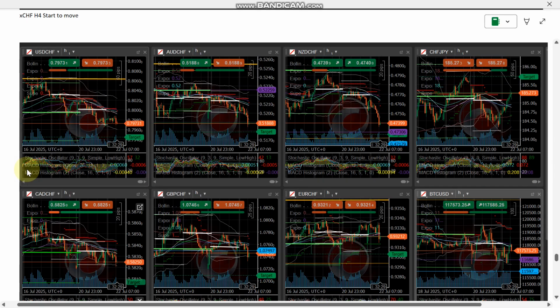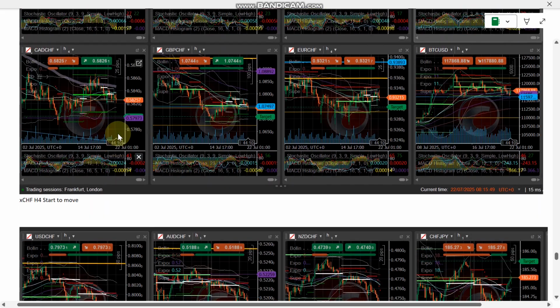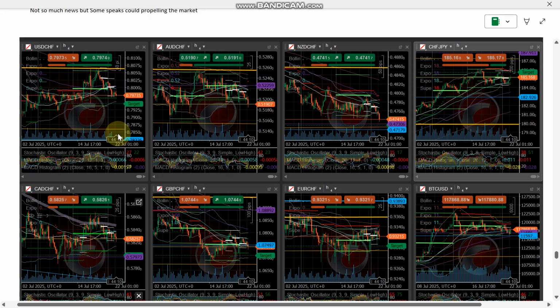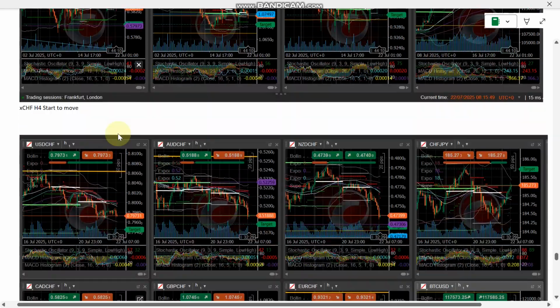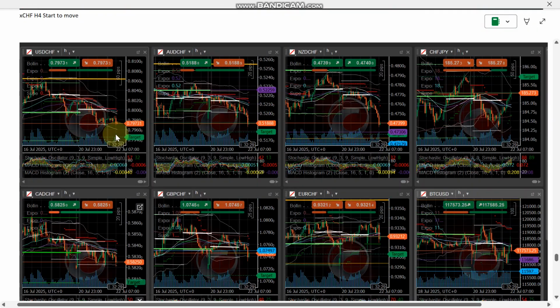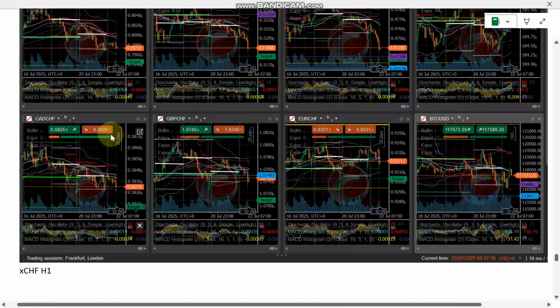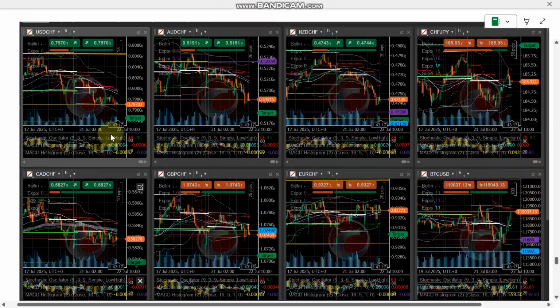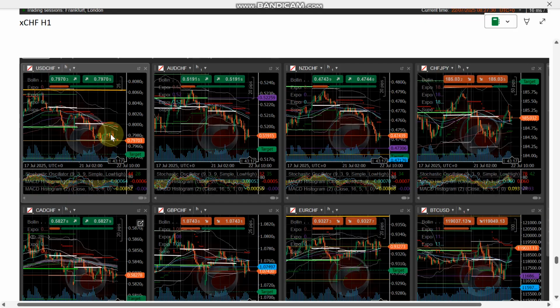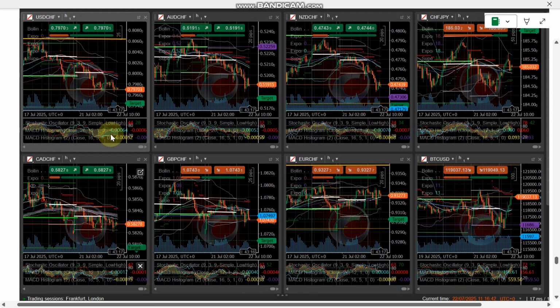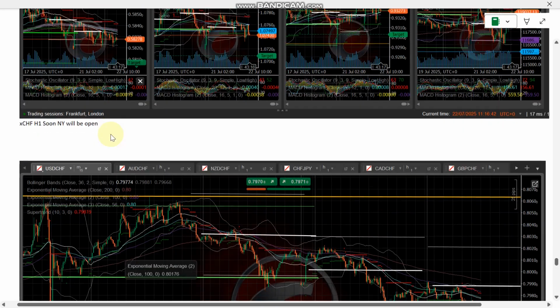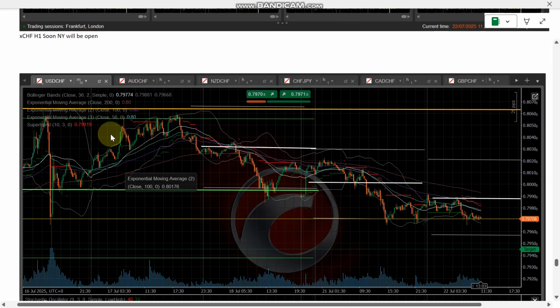We go down to 1 hour chart for Swiss franc. It's like a waterfall in 1 hour chart. What is drop? The line had to put in. To see in a single shot, US Swiss franc drop.